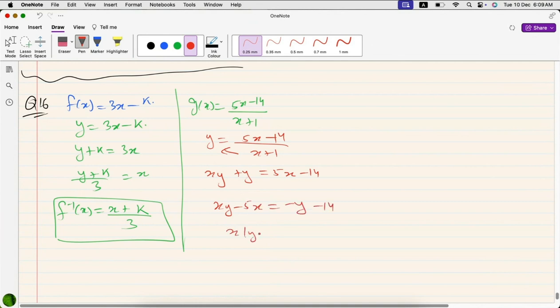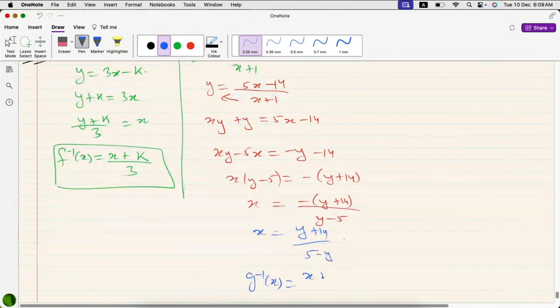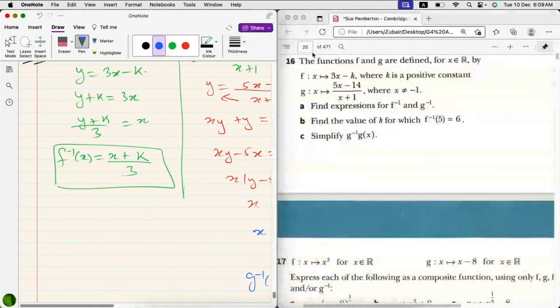Take x common: x times y minus 5 is equal to minus y plus 14. x is equal to minus y plus 14 over y minus 5. I'm absorbing the negative sign in the denominator. g inverse x is equal to x plus 14 over 5 minus x.